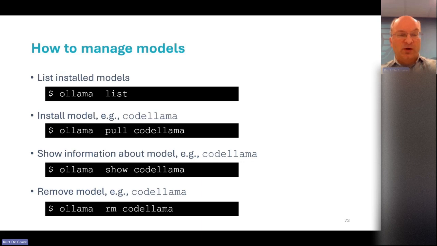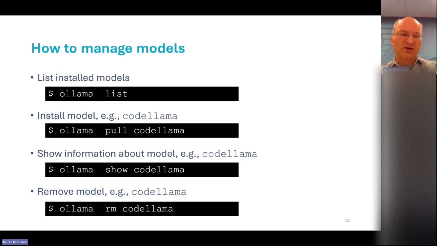Okay, then you can query which models are installed. You can pull new models without immediately running them, and you can show information and details about a specific installed model. Removing models again is just with rm prepended with ollama.